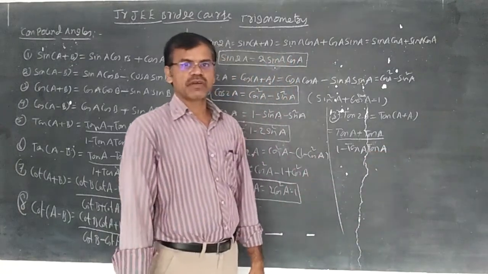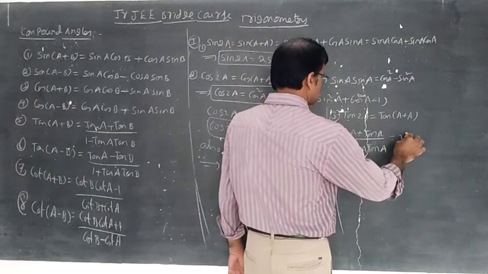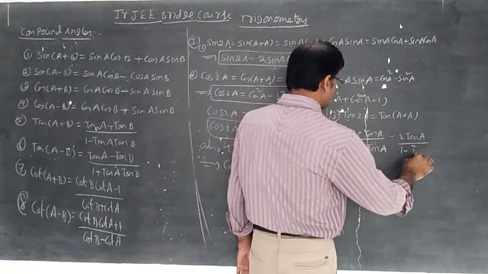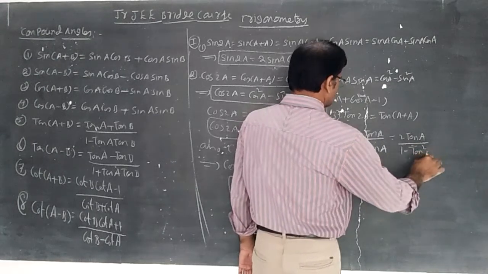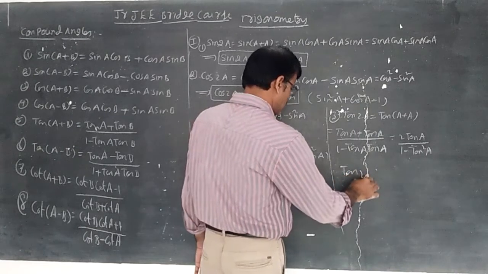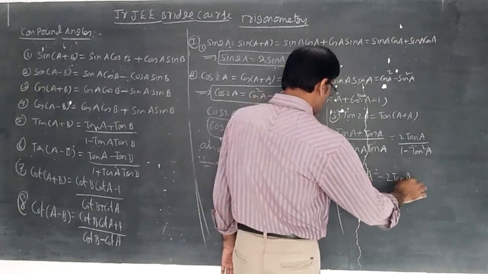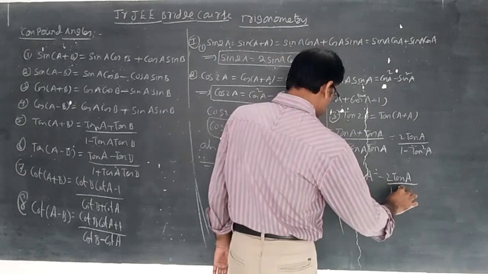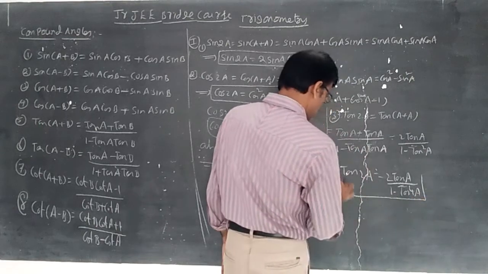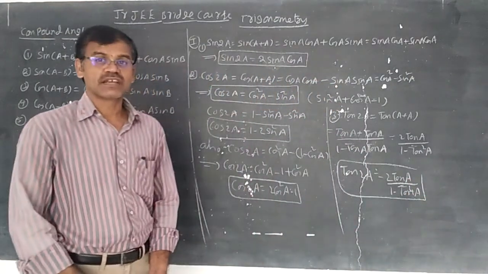Tan a plus tan a becomes 2 tan a, and tan a into tan a becomes tan square a. Therefore, the formula is tan 2a is equal to 2 tan a by 1 minus tan square a. This is the formula of tan 2a.